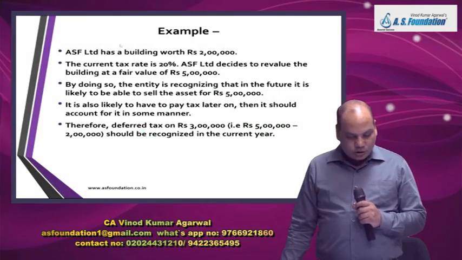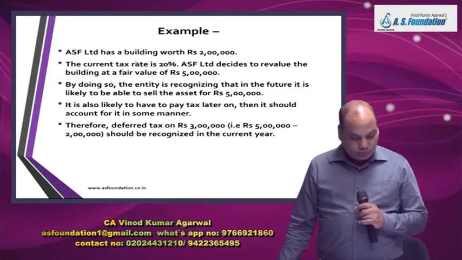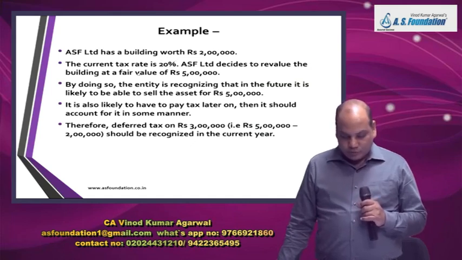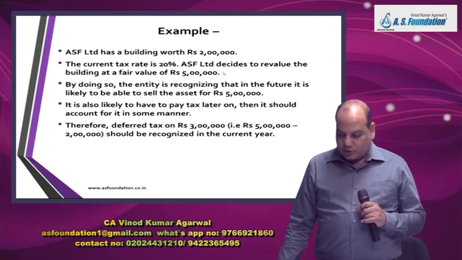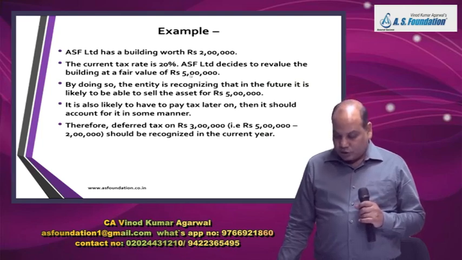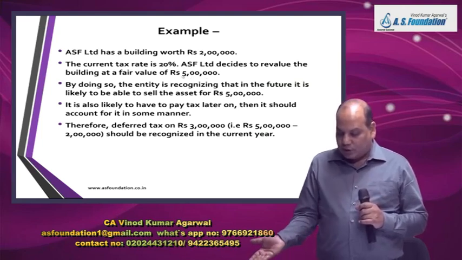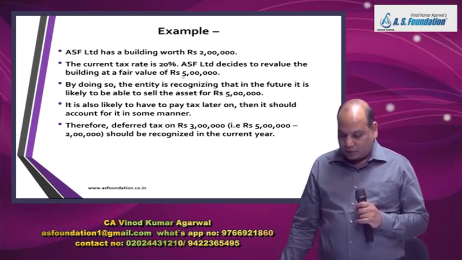Now see this small example, example 1. ASF Limited has a building worth rupees 2 lakh. The current tax rate is 20%. ASF Limited decides to revalue the building at a fair value of 5 lakh. So in the books of account, the building value will increase by 3 lakh rupees. So it is 5 lakh.